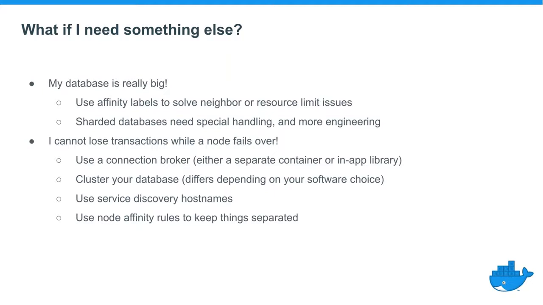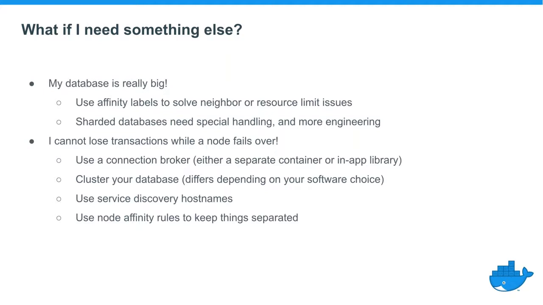So first of all, for very large databases, use affinity labels in Kubernetes to define where your containers are going to launch. You can use scheduler hints to make sure that the database is running isolated on its own host in your environment if you're running very, very large databases in containers.